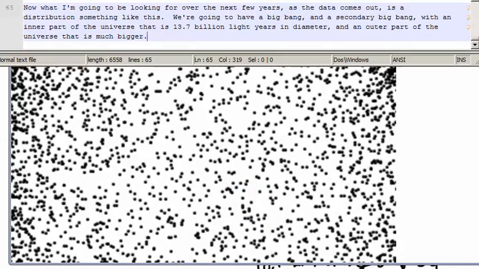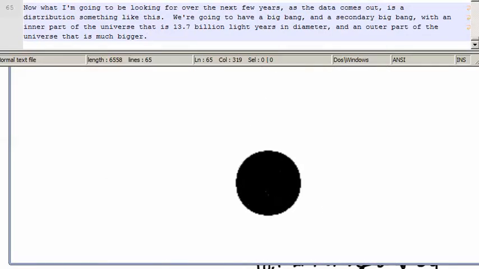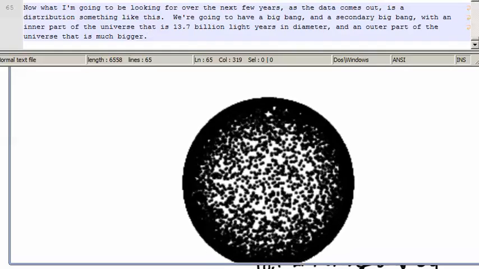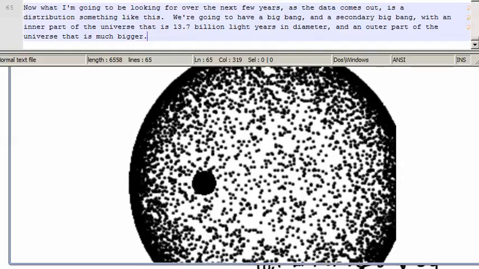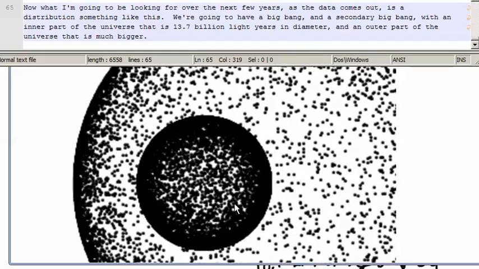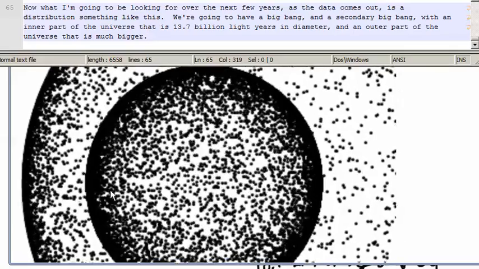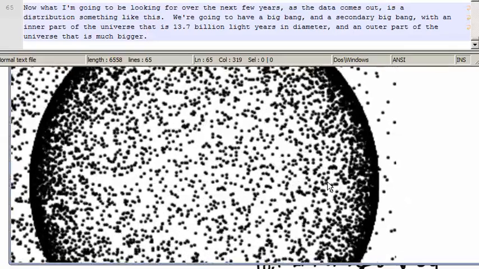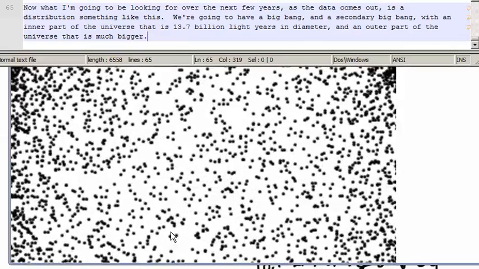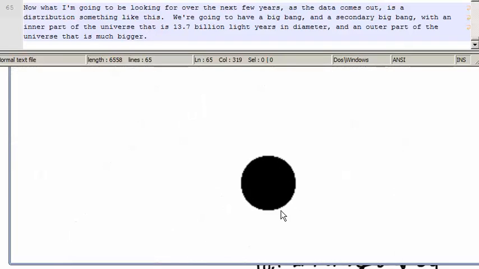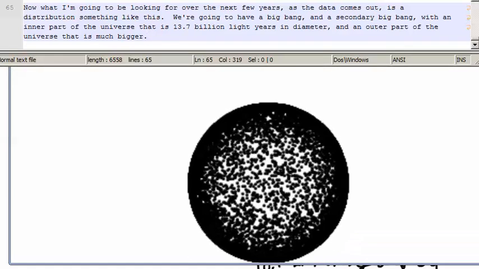Now, what I'm going to be looking for over the next few years as the data comes out is a distribution that looks something like this. We're going to have a Big Bang and a secondary Big Bang, with an inner part of the universe that is 13.7 billion light-years in diameter, and an outer part of the universe that is much bigger and older.